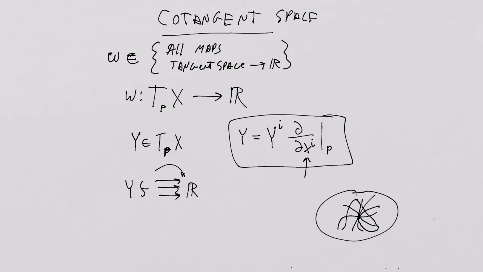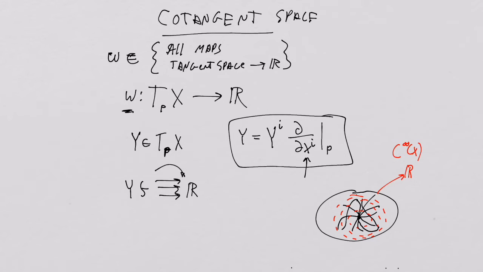Just as we know vectors are associated with curves, which have to be provided in some way, these guys here are going to be associated with the functions, or I shouldn't call them functions, but the maps from the manifold to the real line. They're going to be associated with these C infinity functions.